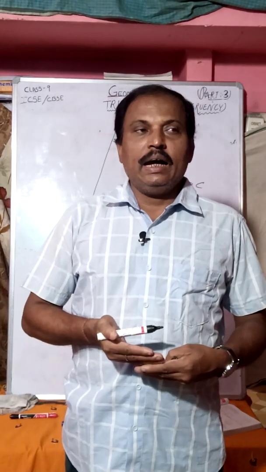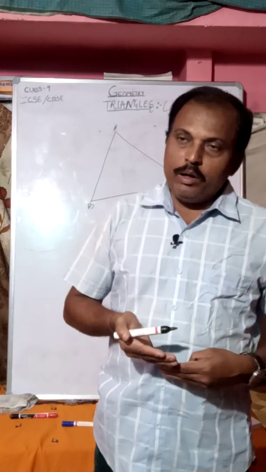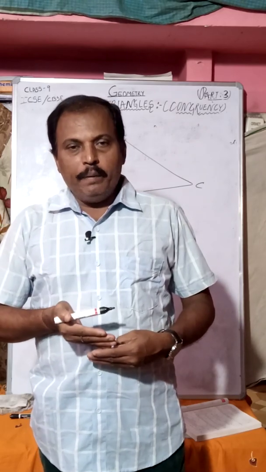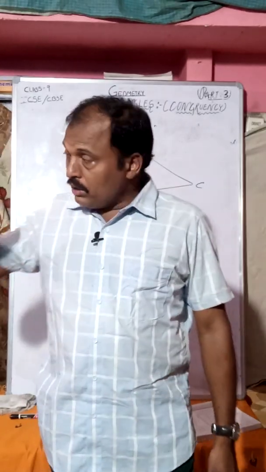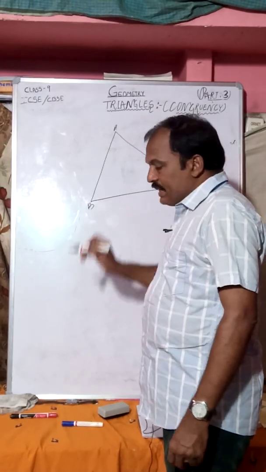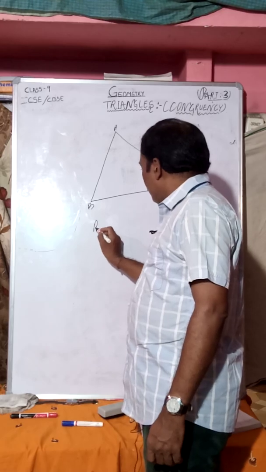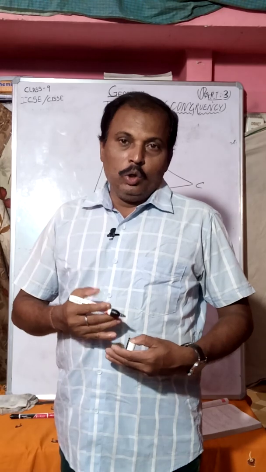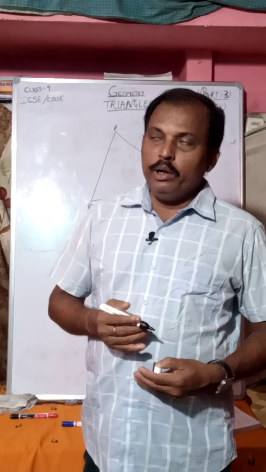All triangles are scalene triangle, but later we will discuss about the isosceles triangle, equilateral triangle. Later we will discuss, don't worry. But here is a triangle. In this triangle there are three sides: AB, BC and AC. So this is a scalene triangle. No side equal, scalene triangle. Two sides equal, isosceles triangle, and all sides equal, equilateral triangle.